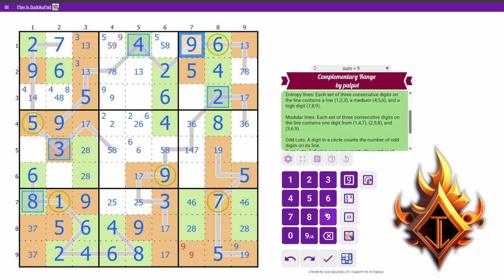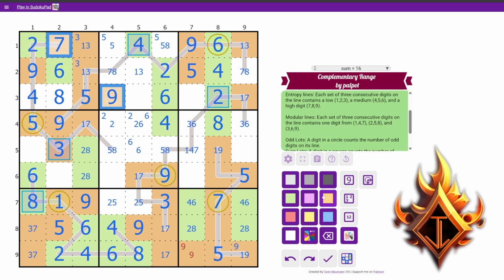So that is now 9. We have a 1, 3 combo. So this must be 4, 8. This can no longer be 9, so 9 goes there. Let's mark our color.